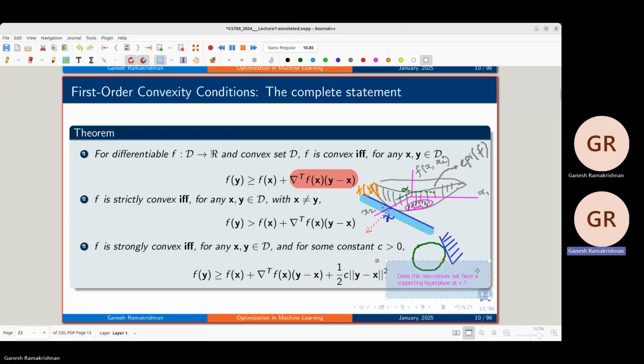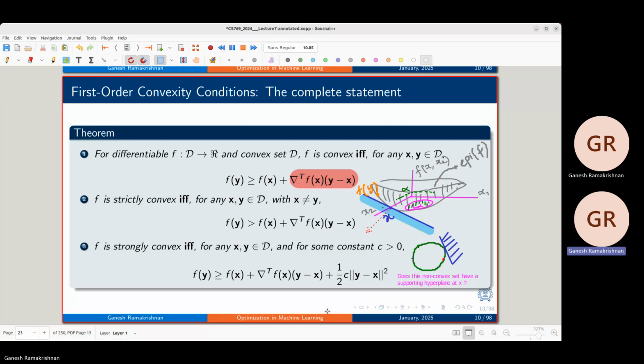So you'll find that it is not necessarily going to have a supporting hyperplane, and therefore its corresponding function, the function whose epigraph this is, would not have the notion of a gradient. Okay, so how do you prove? By the way, this is if and only if. All these are if and only if conditions, and that is all because the epigraph was an if and only if condition.